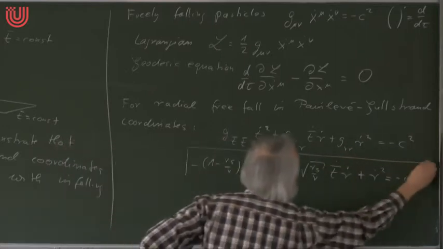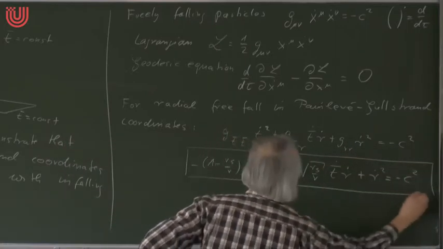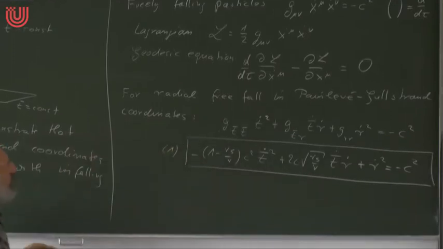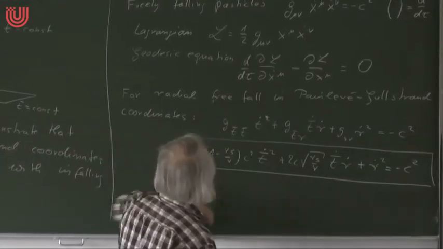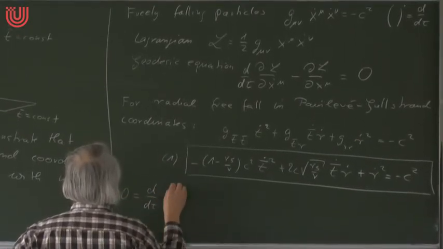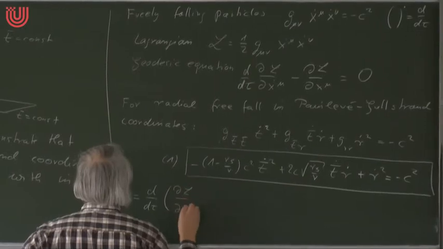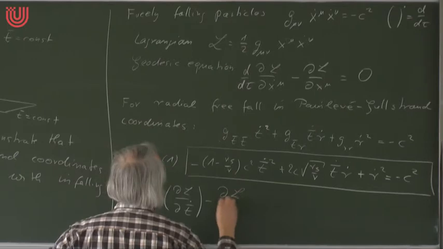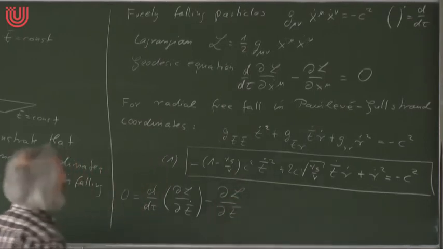So this is the first equation here. Let me write this, maybe let's call this equation 1. And equation 2 is the Euler-Lagrange equation for the case mu is equal to 0. Then I have derivative with respect to tau of dL by d t bar dot minus dL by d t bar.